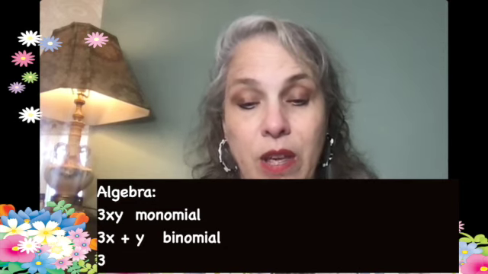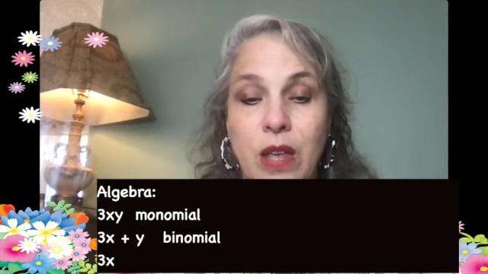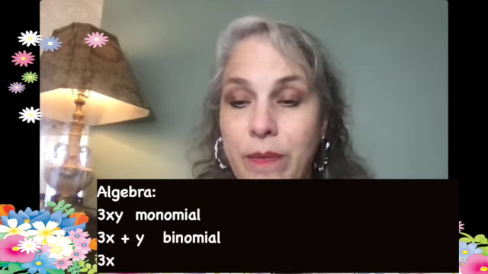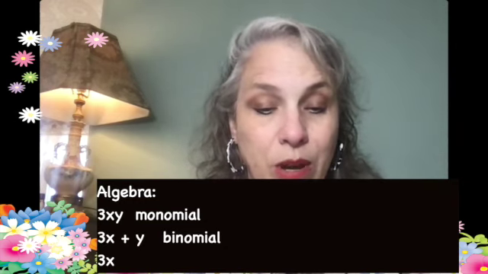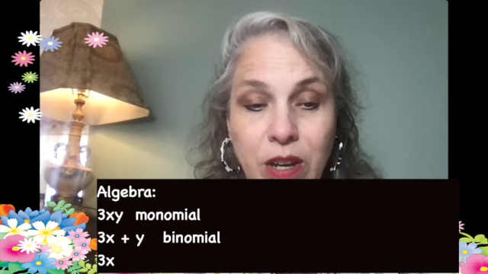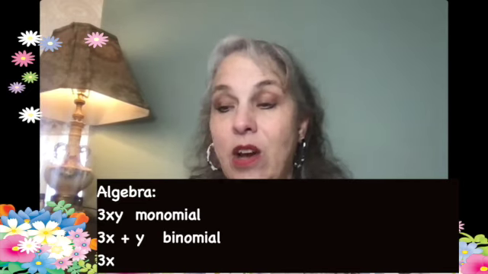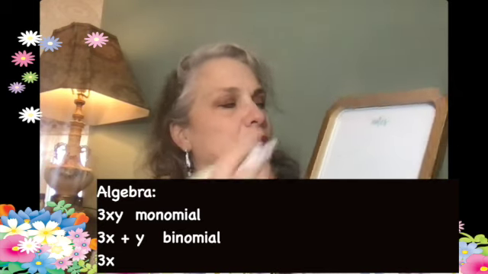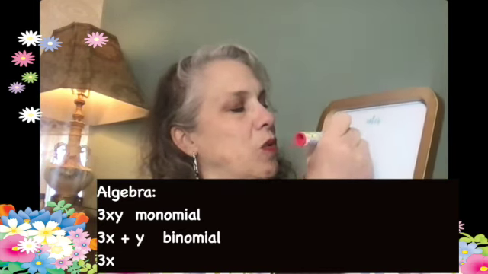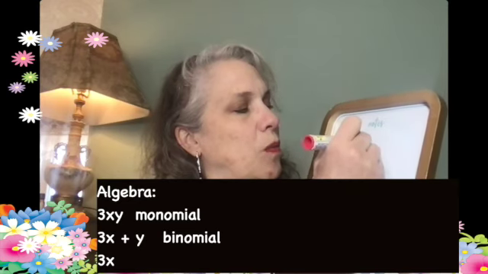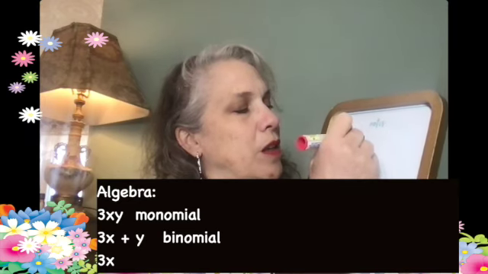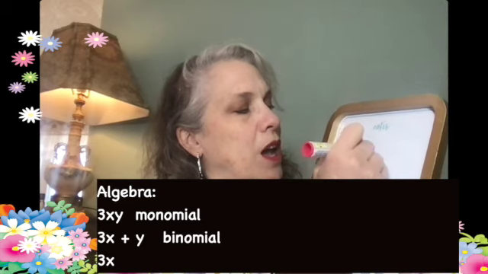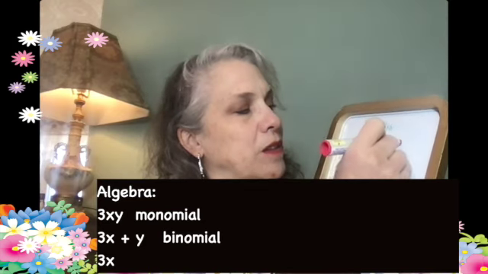So we could do something like 3x squared. Now I'm typing right now. That would be an exponent, which is above. I'm not sure exactly how to make an exponent on here, so I might just write it on my whiteboard. Okay, so I have something like 3x squared plus 4y plus 7.